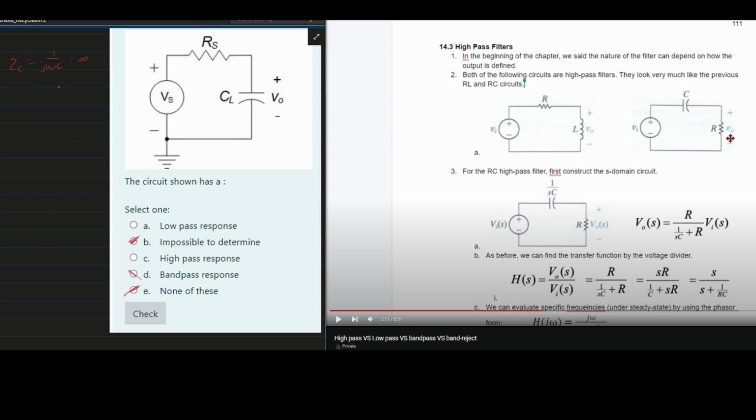That's if our omega is small. If our omega is big, we have 1 over j omega c, a huge number, so 1 over a huge number is basically 0. And with this, we have our current coming in like this. So the current is allowed to pass through here. And then we have this voltage right here, where we have a capacitor across it.